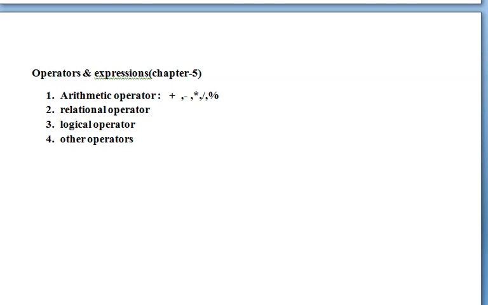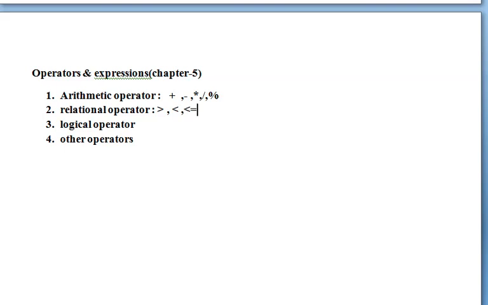Next one is the relational operator. The relational operator is used to specify the relation between two values or expressions such as greater than, less than, equal to, greater than or equal to, less than or equal to, and not equal to. These types of relations are used to compare values from one to another, like the left hand side is greater than the right hand side.